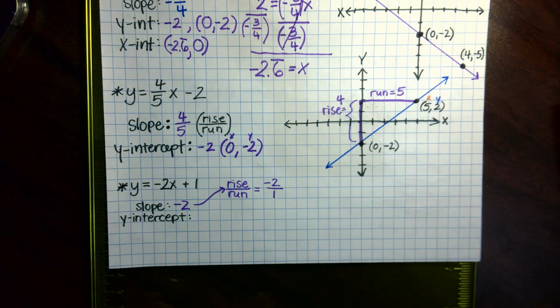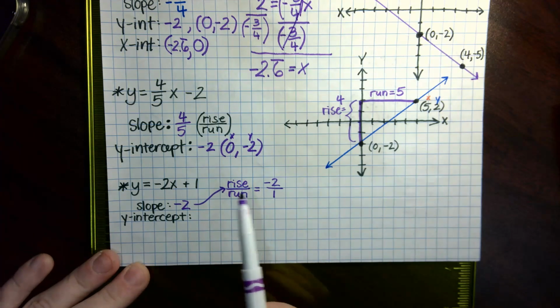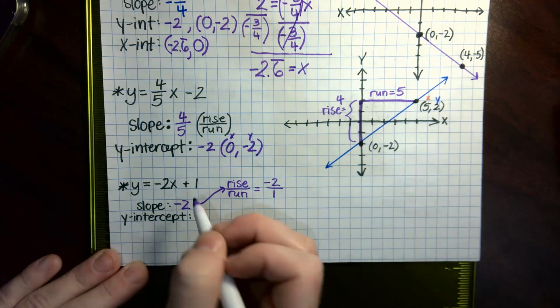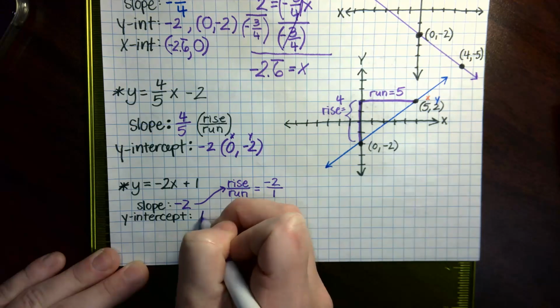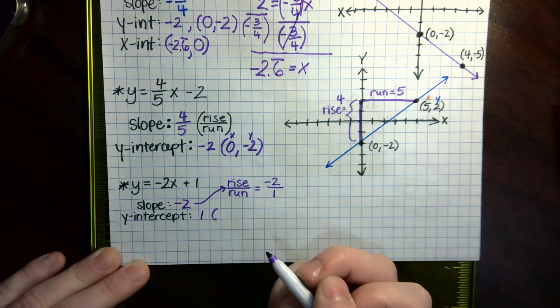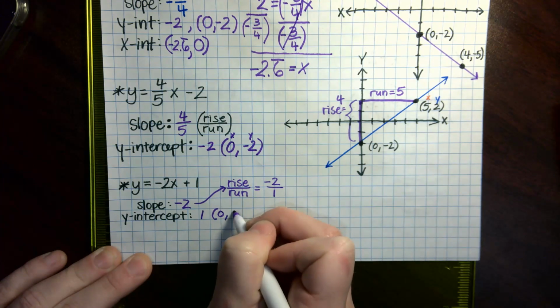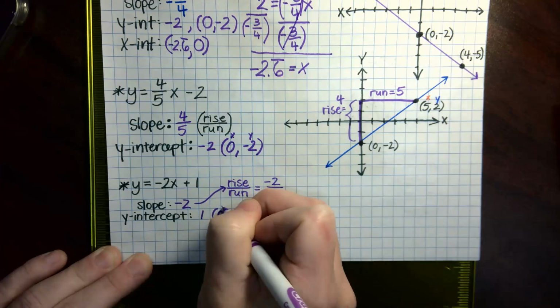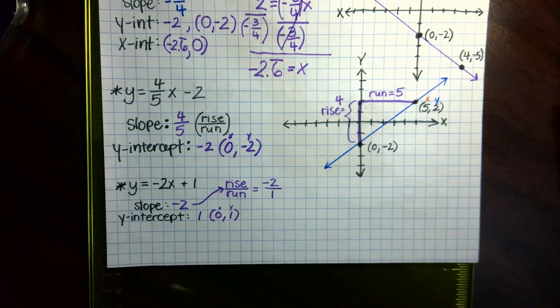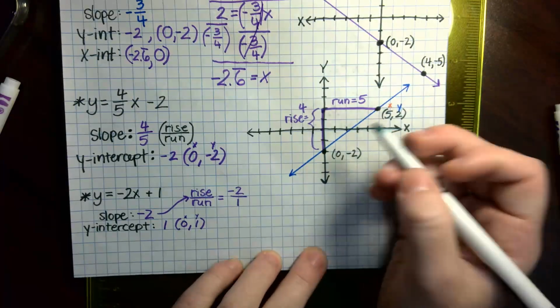All right. Now what's our y-intercept? 1. We know that because it's just the number at the end. So how would we write that as a coordinate? 0 for x and then 1 for y. Perfect. All right, we've got a y-intercept, so we've got a starting point, and then we've got our slope, so we know that we're going to go somewhere from that starting point.